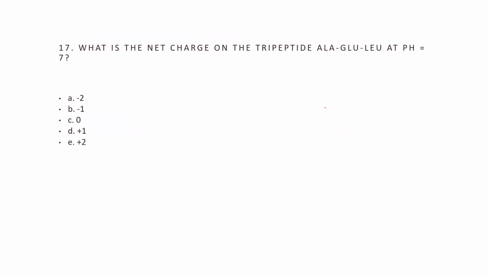Okay, what is the net charge on the tripeptide? What is ALA? What is GLU? What is LEU? At pH 7.